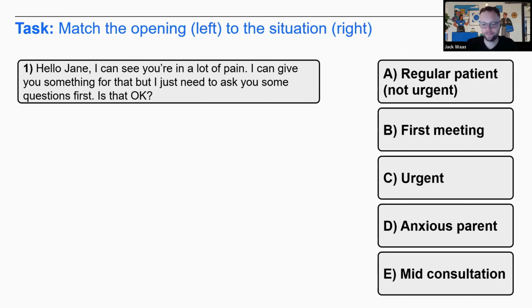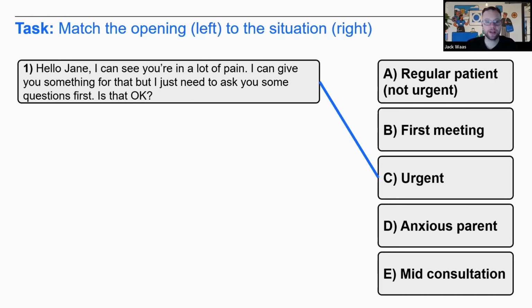What do we think here? All right, so the answer here would be C. This is a pretty urgent type of situation, right?